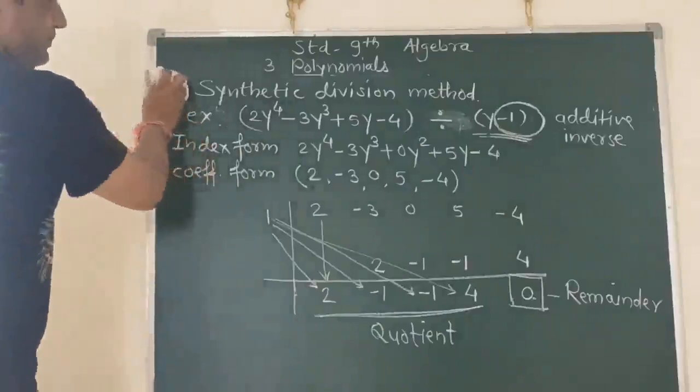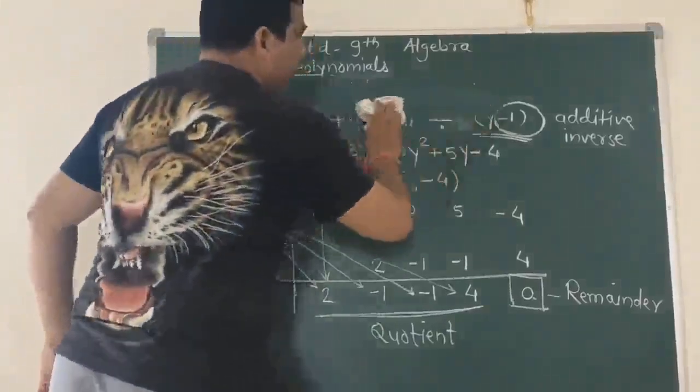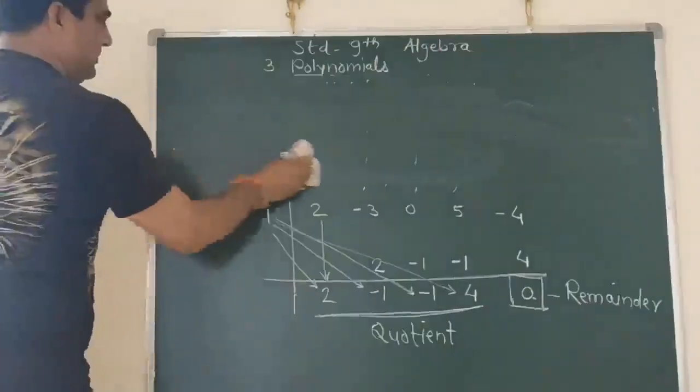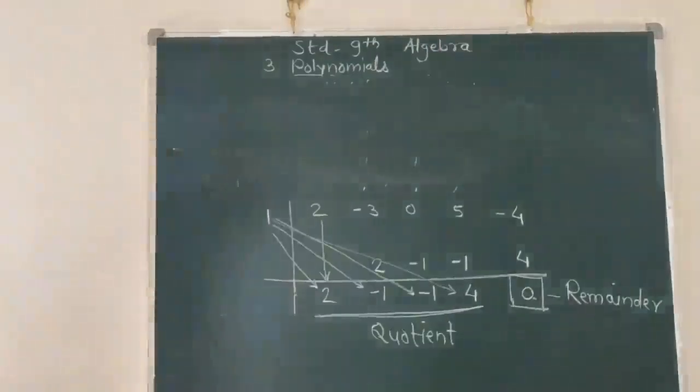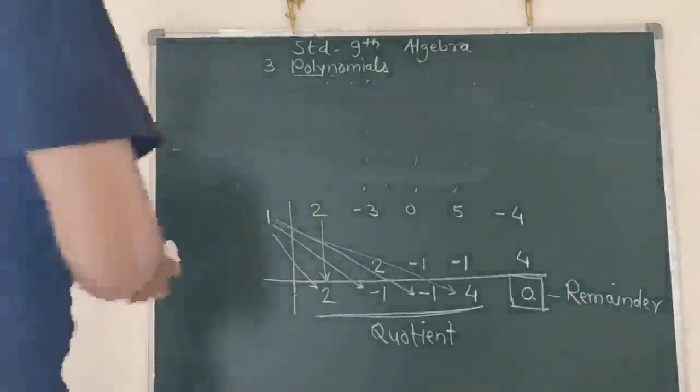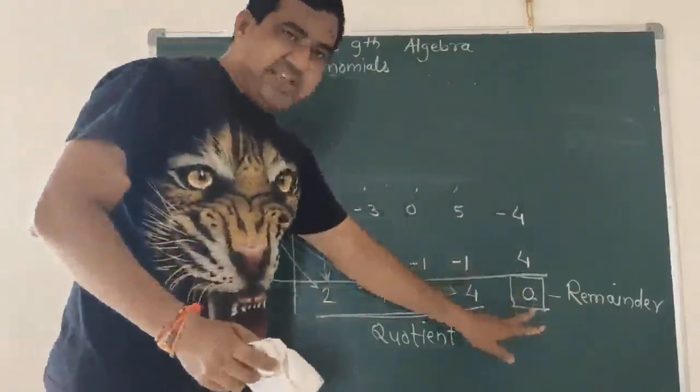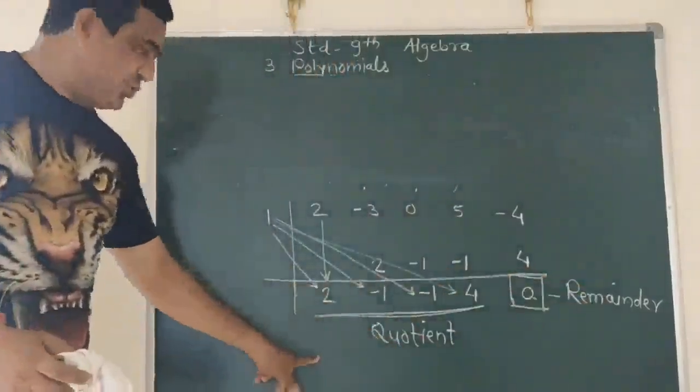Further. Now, this box, the last answer, is your remainder. Now, this one is your quotient.